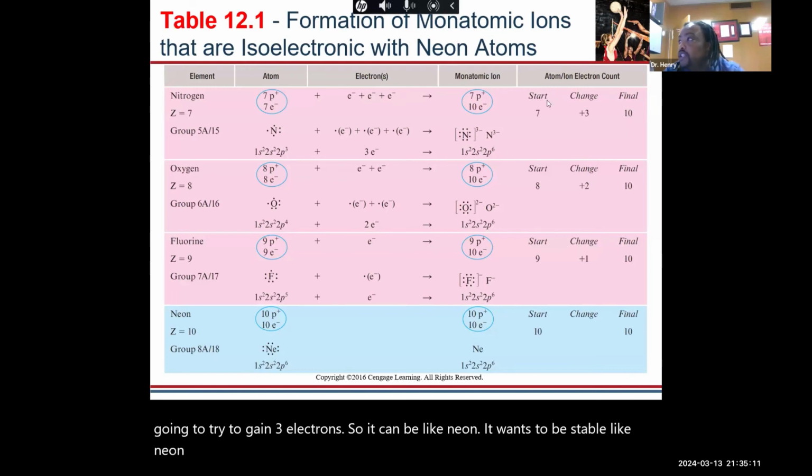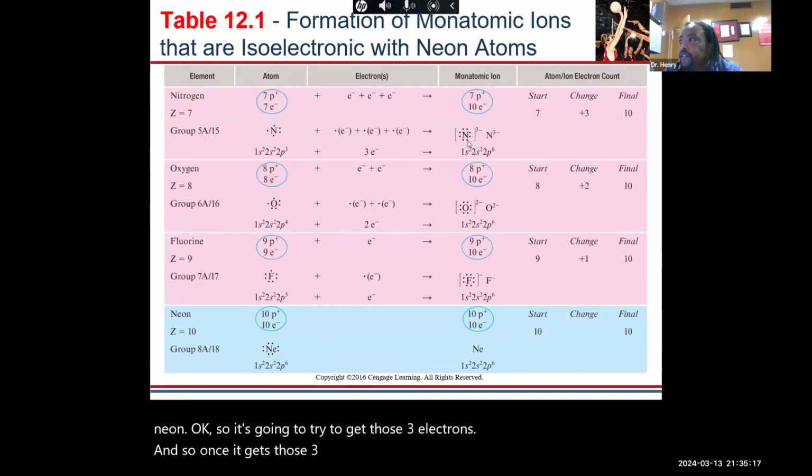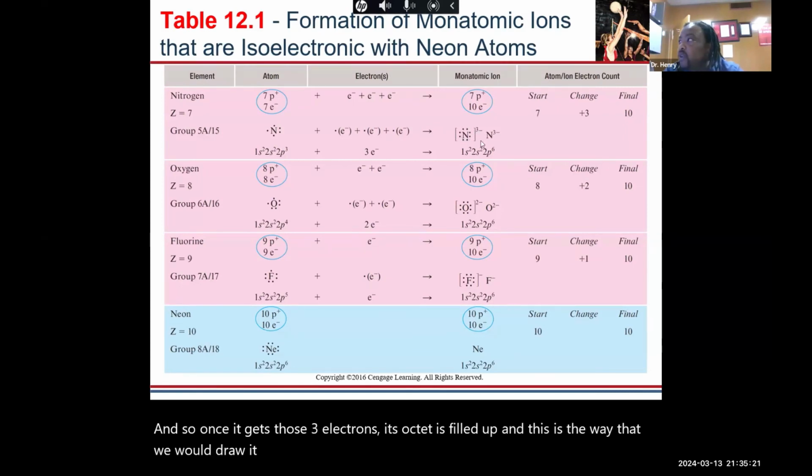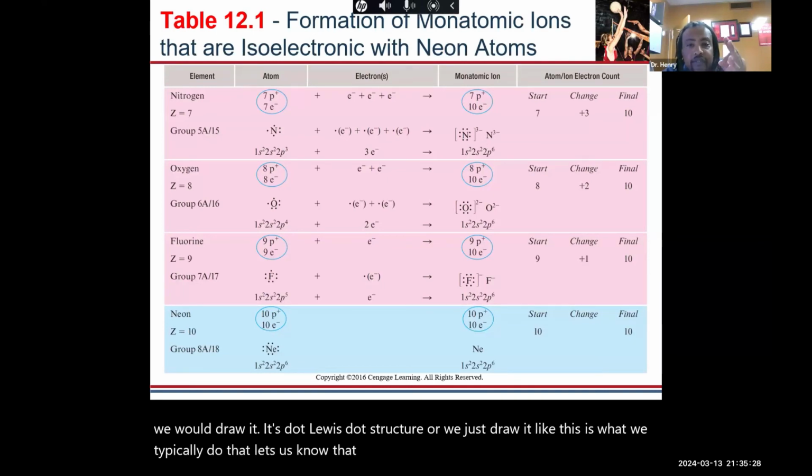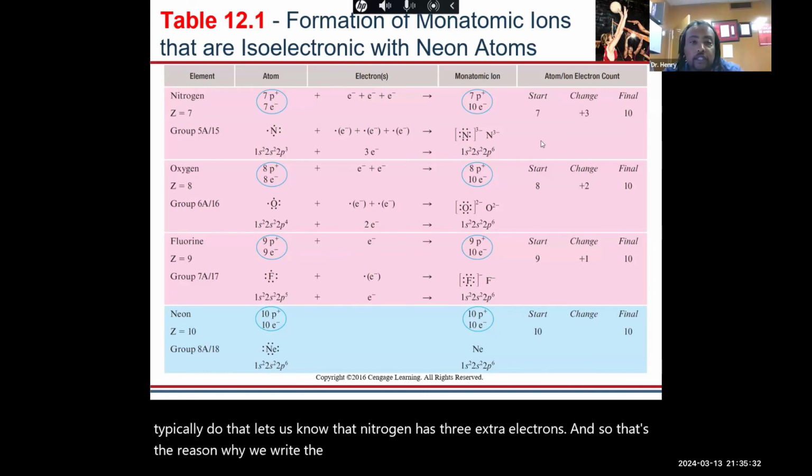Once it gets those 3 electrons, its octet is filled. This is the way we would draw it, its Lewis dot structure. That lets us know that nitrogen has 3 extra electrons, so we write the 3 minus, because that minus represents electrons.